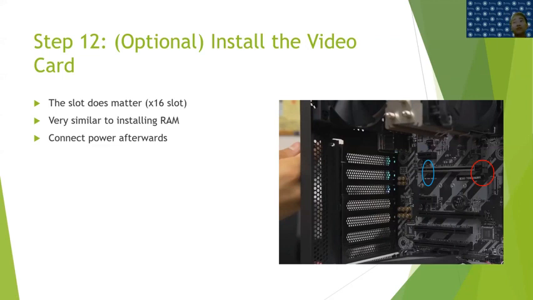So in this case, you want to remove the slot directly below it and the slot directly horizontal to that slot. Once you remove both of those slots, your graphics card will have enough space to fit in.